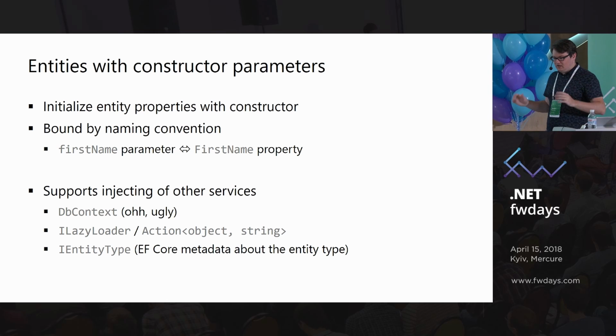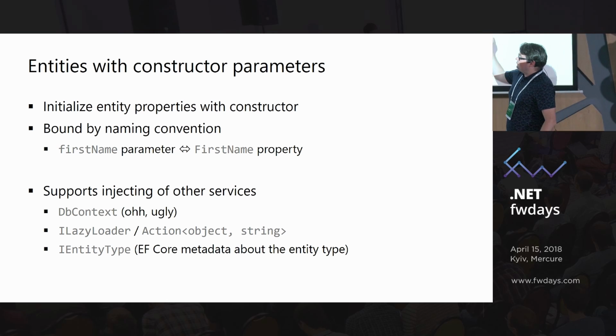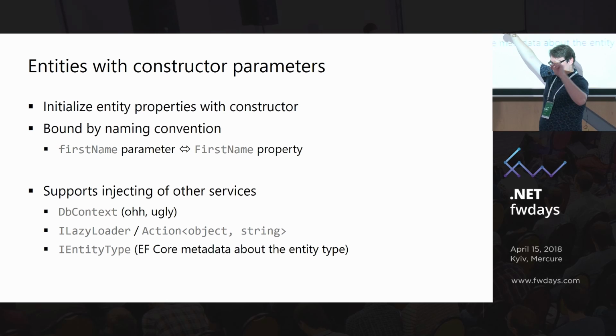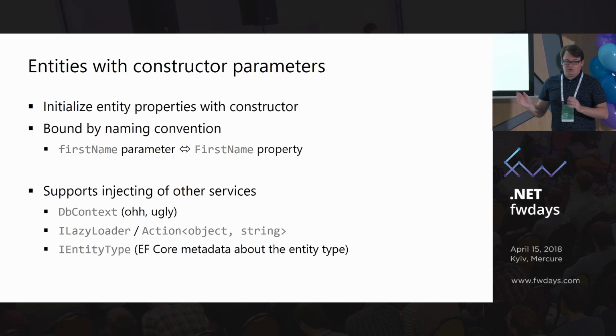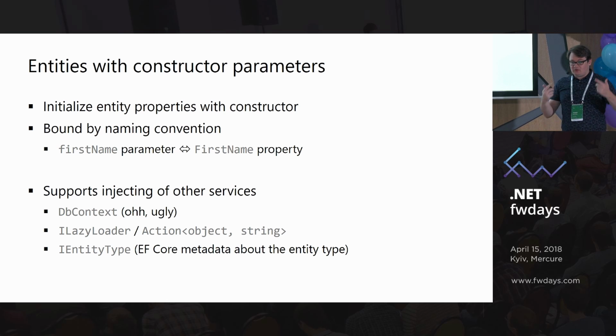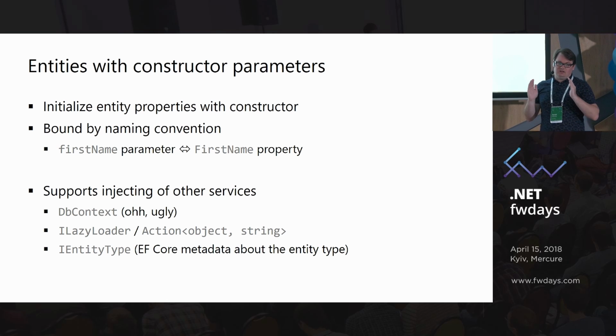It works by naming convention. You can take the properties of the entity, make the first letter lowercase, and use these parameters in the constructor, and Entity Framework will bind them automatically. If the parameter is not present in the constructor, it will use the setter. But if it's present in the constructor, EF Core will pass the value directly in the constructor.